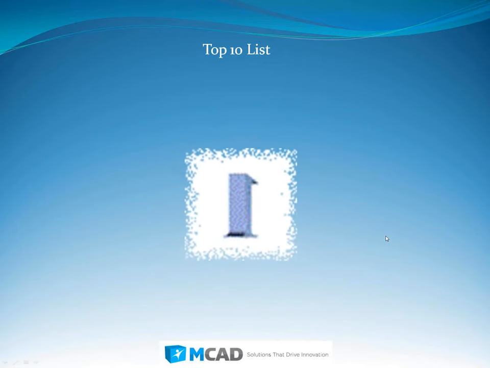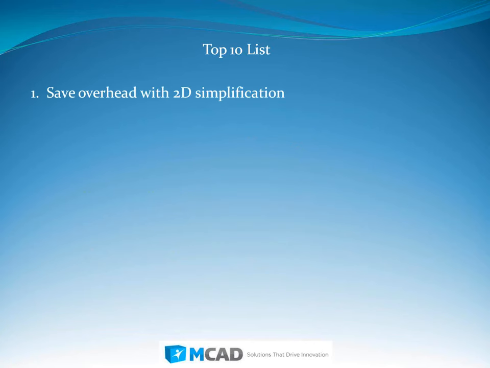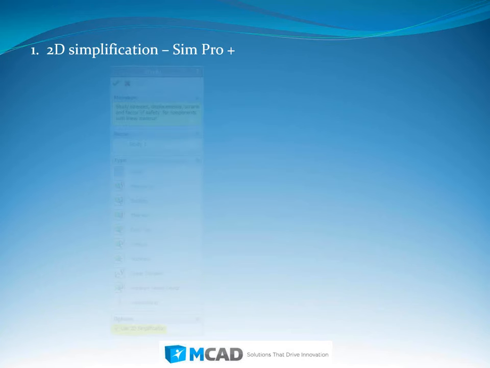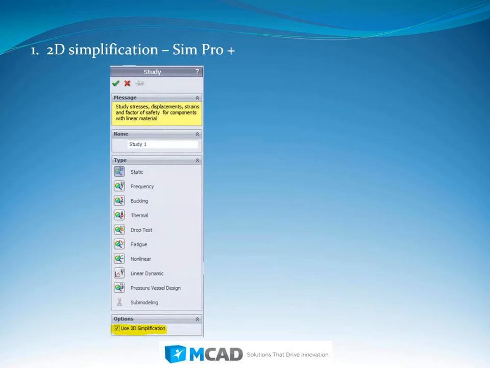All right, so number 1 on the top 10 list is quite important, and its functionality that's available with SolidWorks Professional, Simulation Professional and better. And it's the use of 2D simplification of your models for simulation to save overhead, and in some cases to run studies that would be prohibitive to run with solid elements.